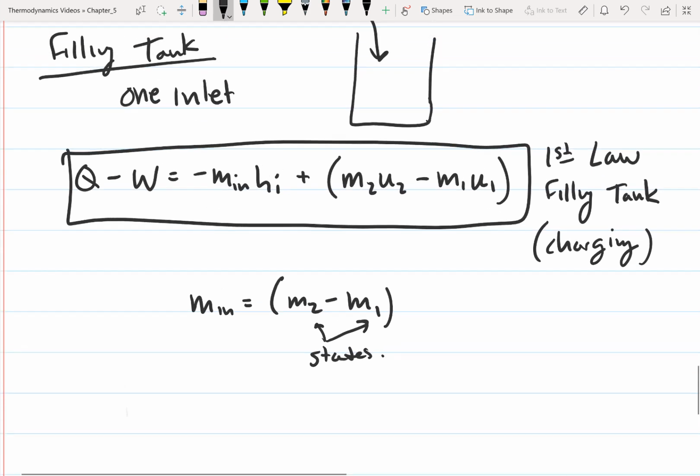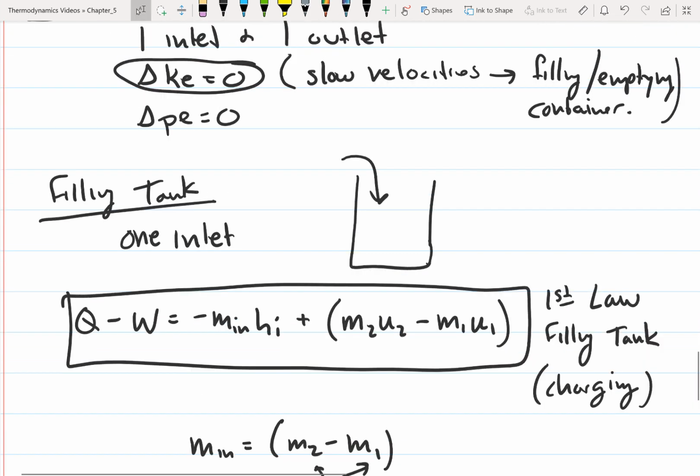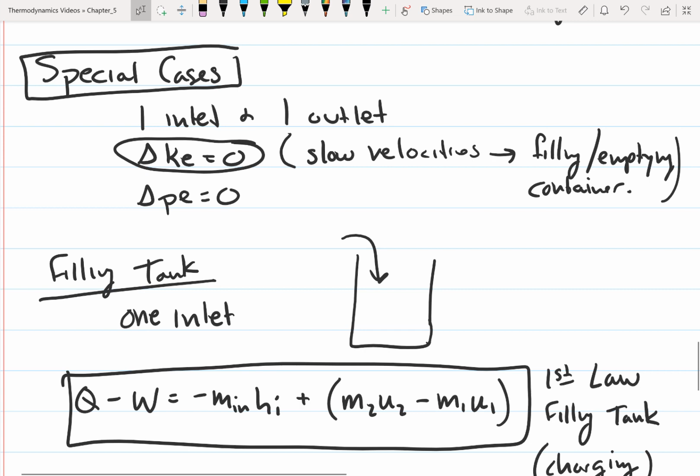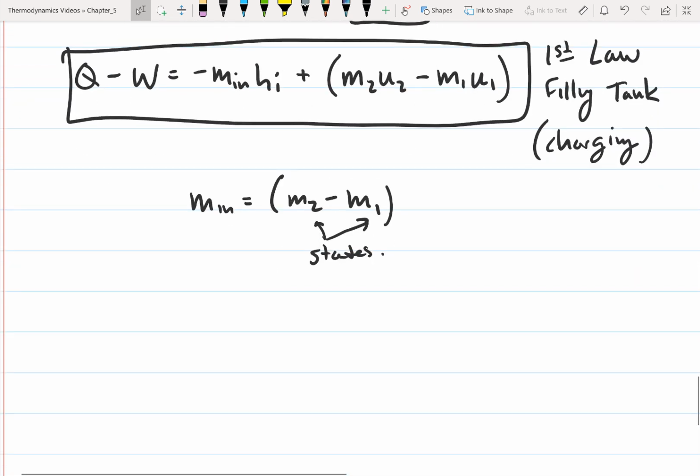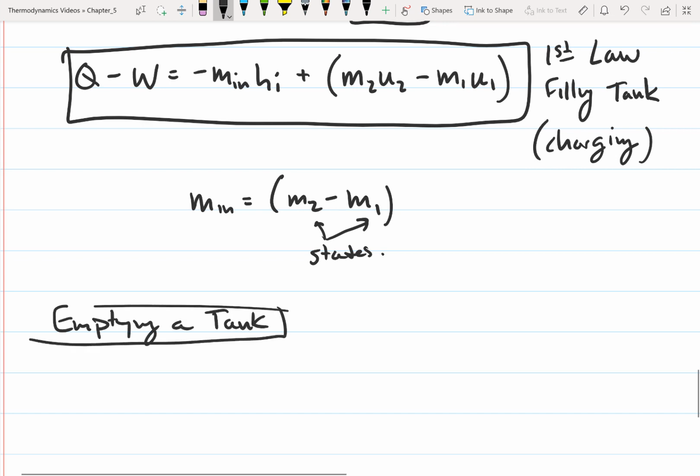All right, now let's look at the same thing, the special case, and this time we want to look at emptying a tank. So emptying a tank, and this is also called discharging a tank.